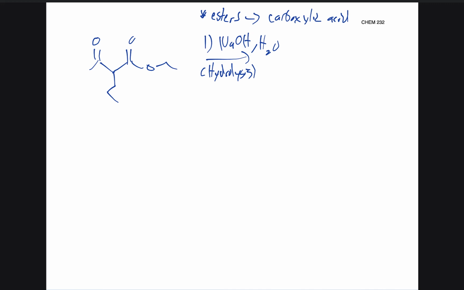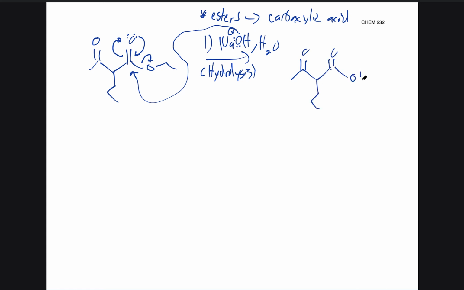Our base comes through, and I'll do a shortened mechanism here just to show you. Our base comes through, we form our tetrahedral intermediate, the ester leaves as a leaving group, and we're left with our carboxylic acid. And so from here is where the magic happens. So I'm going to draw this molecule in a slightly different way for step number 2.